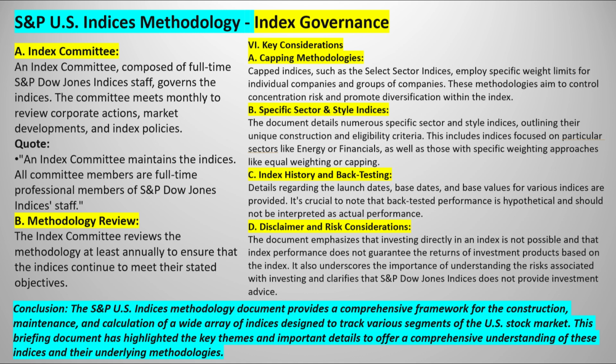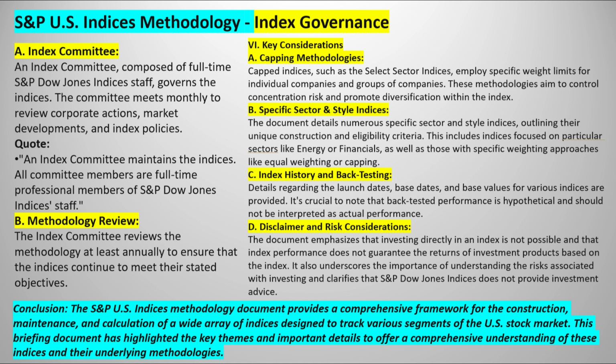You got it. Capped weighting is designed to limit how much influence those giant companies have, even within their own sector. It's like putting a speed limit on the stock market highway, preventing any one company from completely dominating the index, no matter how big it gets. So even if a company is like the 800-pound gorilla in its sector, capped weighting makes sure it doesn't totally overshadow everyone else.